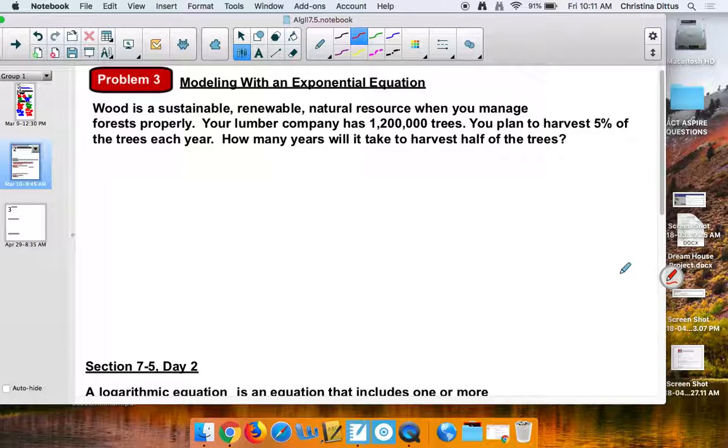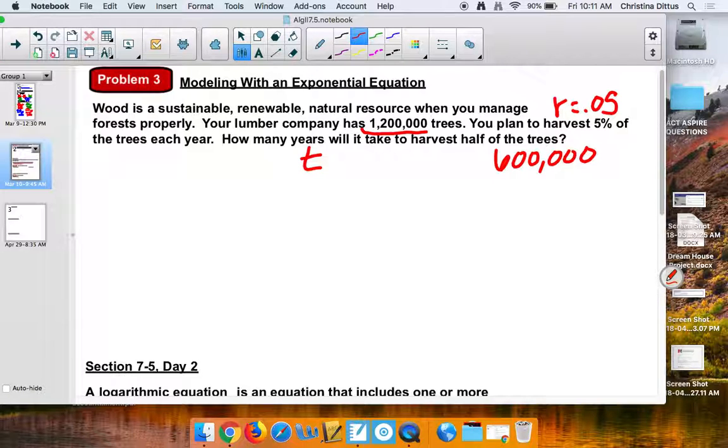First off, what's half of the trees? 600,000. I got a rate of, what's my rate if it's 5%? 0.05. I want to know how many years.